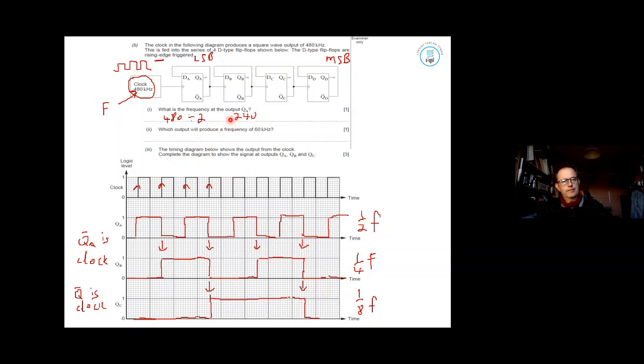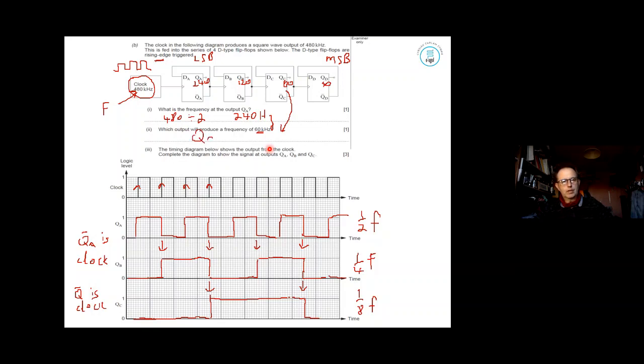So for QA, you've got a frequency of 240. The next one would be 120, as I said. Then you've got the 60. Then you've got the 30. So which one produces a frequency of 60 hertz? That'll be the QC one.